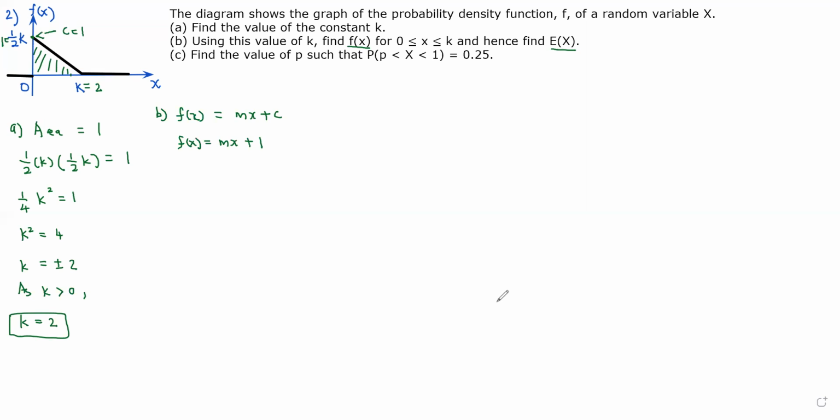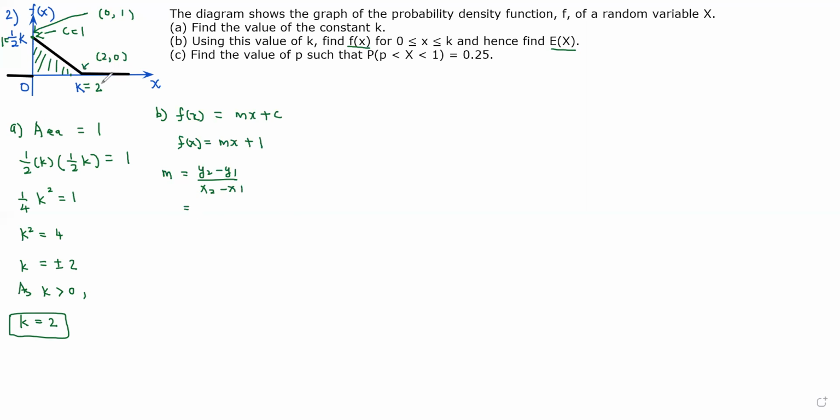We need to find the slope. The slope of this line, m here, is given by y2 minus y1 over x2 minus x1. There are 2 points here. The first point has coordinates (2, 0), and this point has coordinates (0, 1).